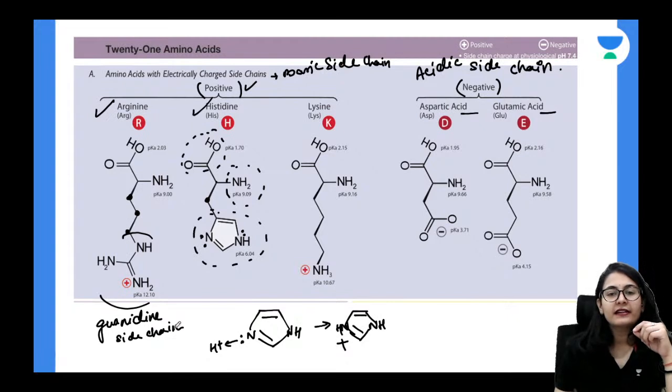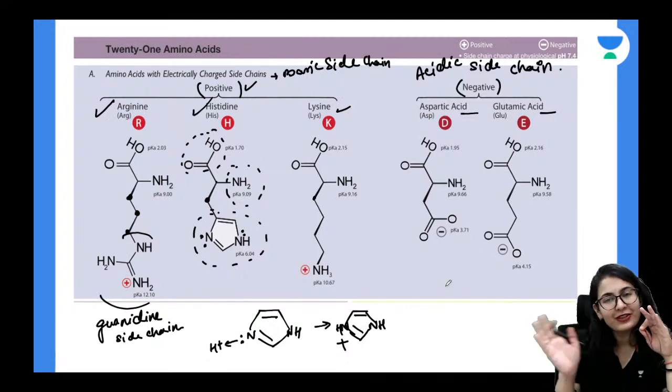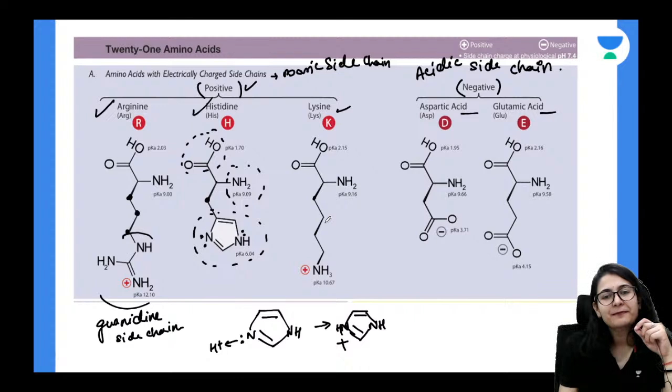Okay, and the last one is very easy, lysine. Okay, and guys, don't get confused between lysine and leucine. This is lysine. Lysine is having a basic side chain and leucine or isoleucine that is different. So 1, 2, 3, 4 and one simple amine group.